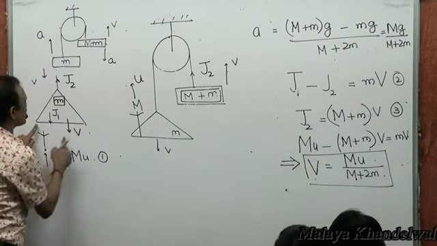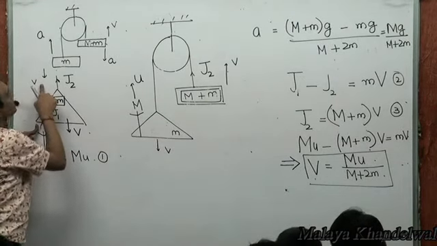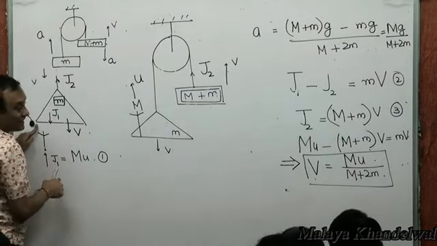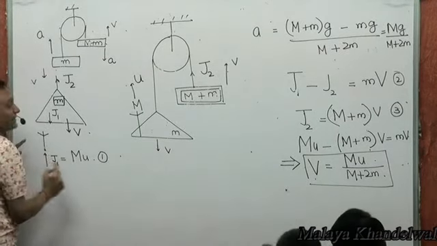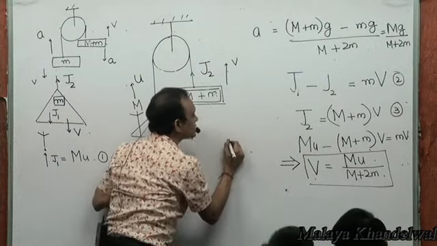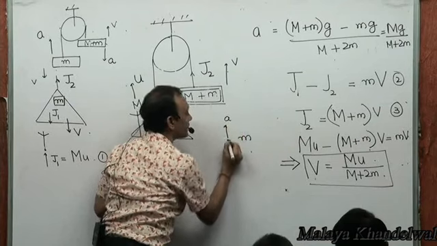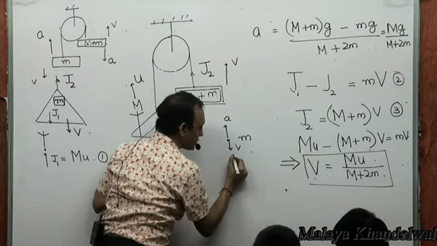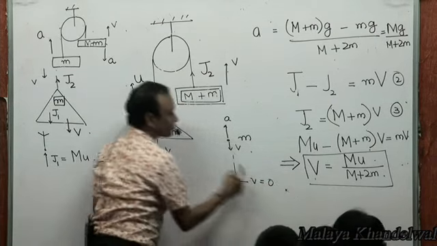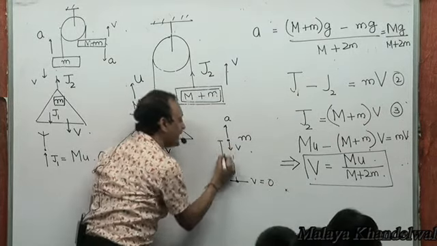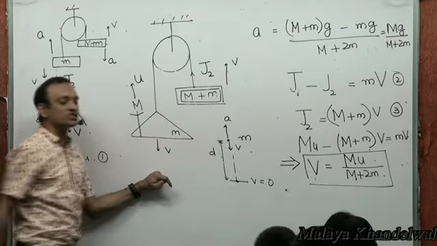So now this mass has a velocity v downwards, which we have computed, and has an acceleration a upwards. That means it's retarding, right? At some instant its velocity will become 0 because it's being retarded. By then the platform would have traversed a distance d.